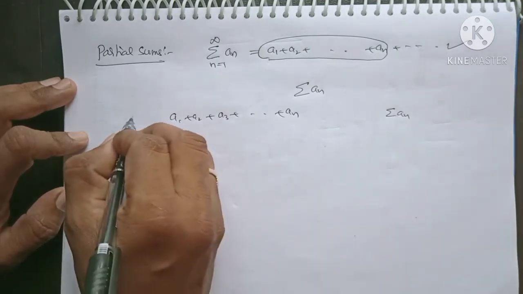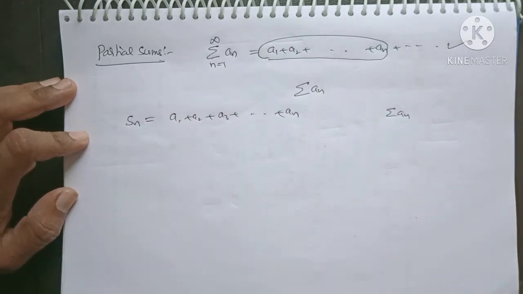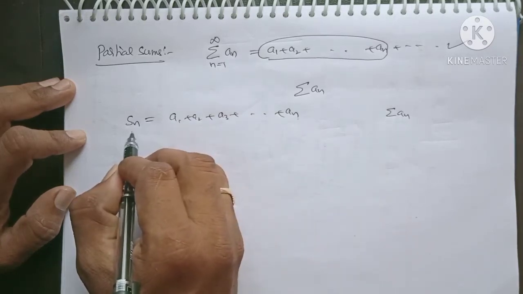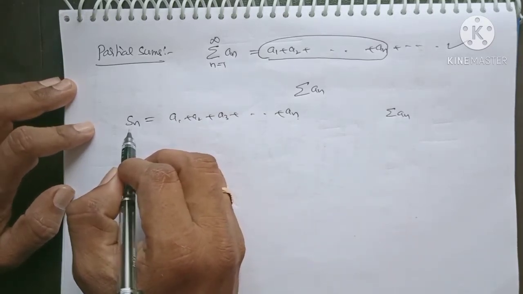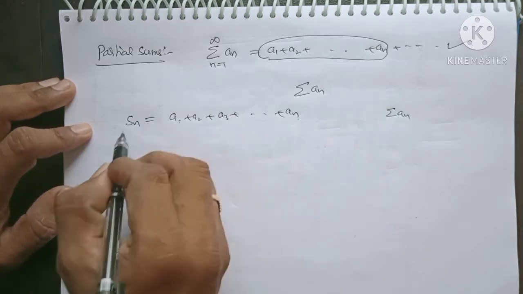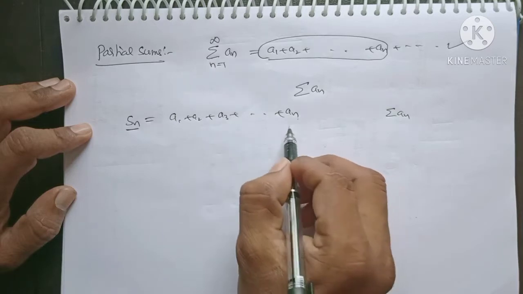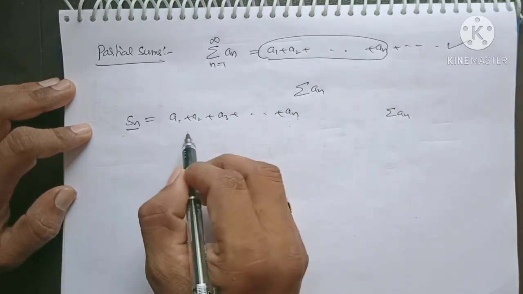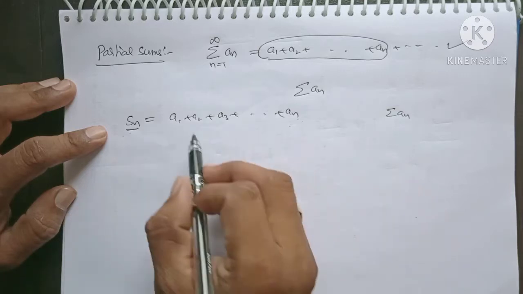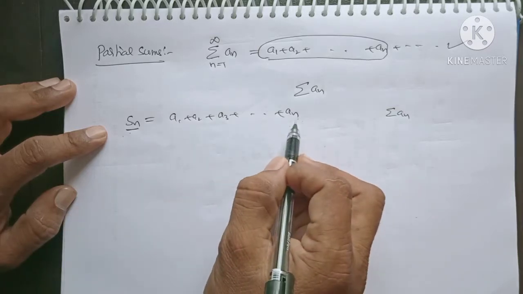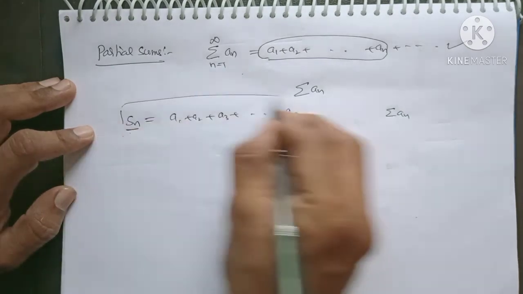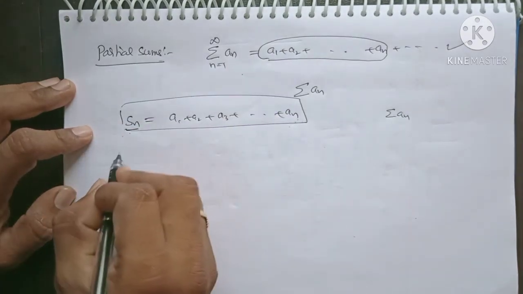It can be denoted by Sn. Sn is equal to a1 plus a2 plus a3 plus and so on an. That means the partial sum of the series is equal to the sum of first n terms of the series.